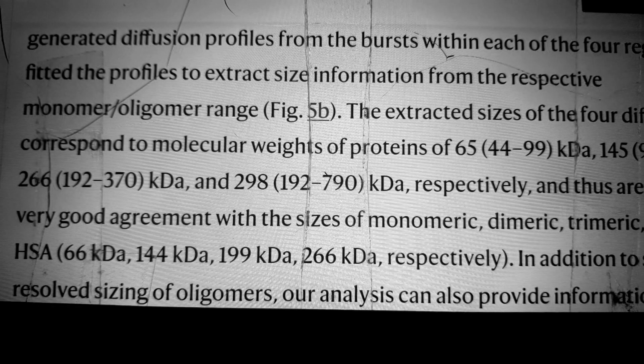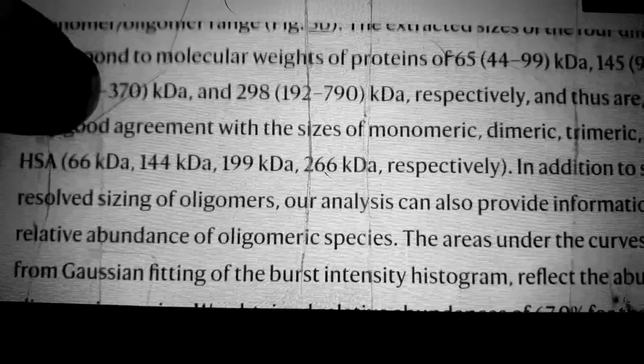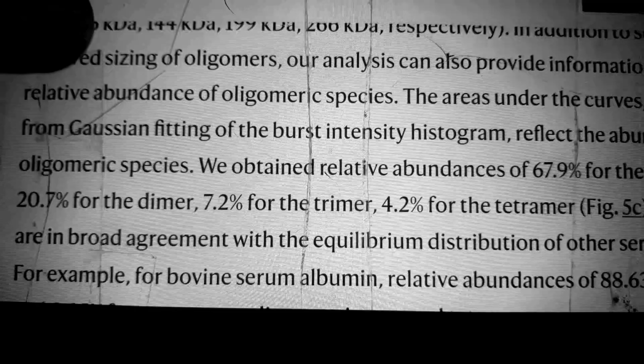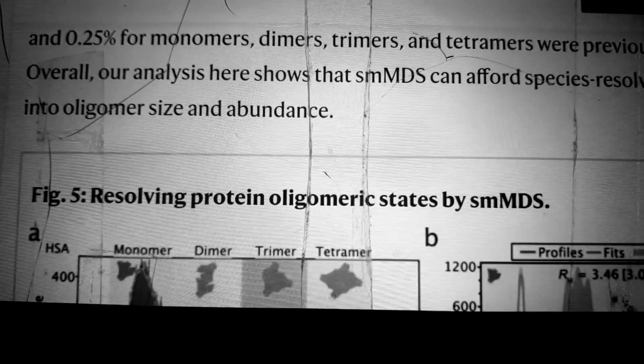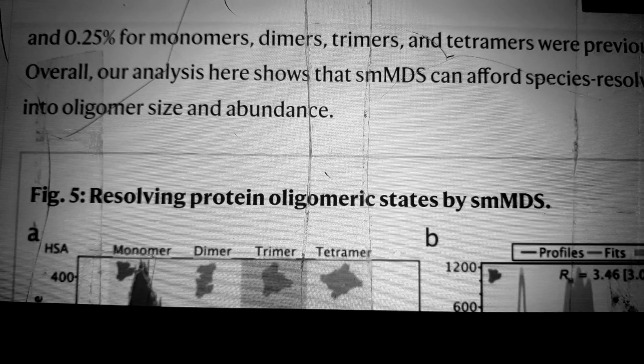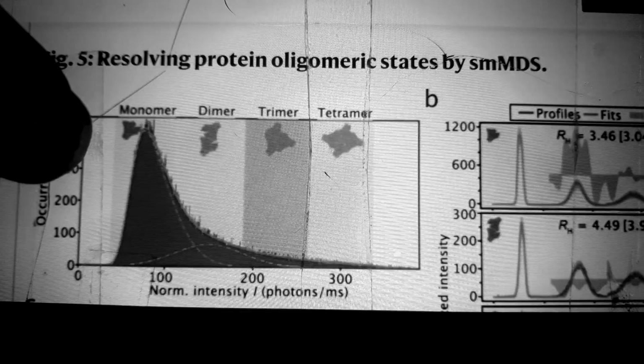Then the diffusion profiles from the bursts within each of the 4 regions were fitted to extract size information for the respective monomer and oligomer species. Overall, the analysis here shows that SMMDS can afford species-resolved insights into oligomer size and abundance, resolving protein oligomeric states by SMMDS.